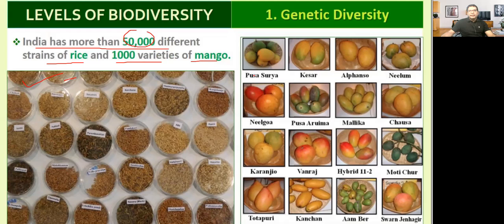Around 1,000, like Pusa Surya, Kesar, Alphonso, Neelam, Chausa, Malika, Pusa, Totapuri and others. This is called genetic diversity.